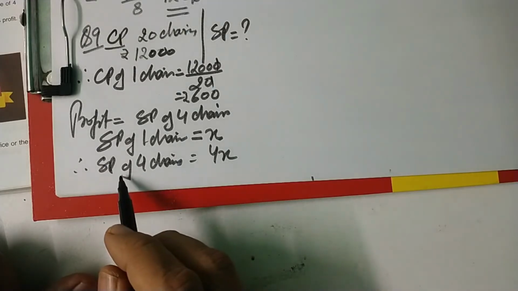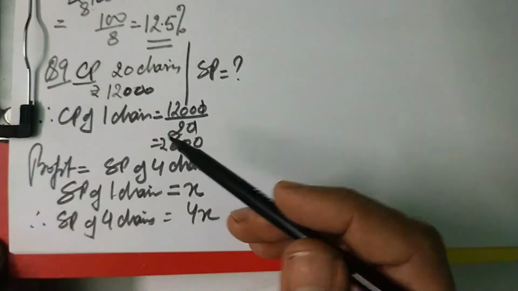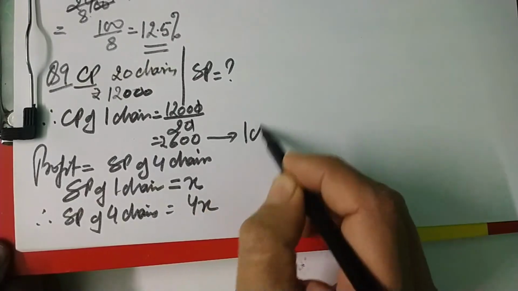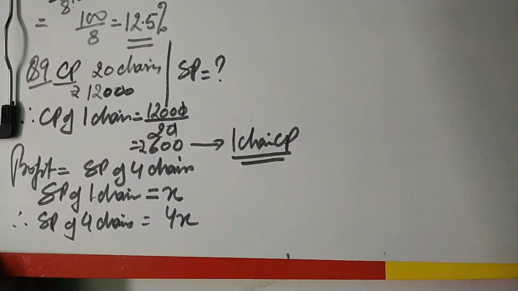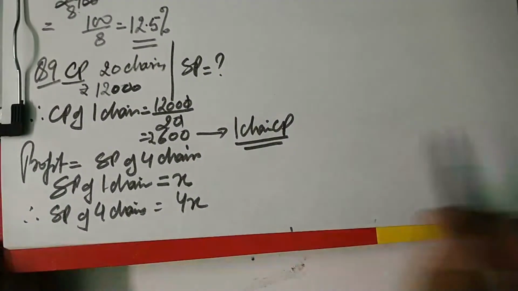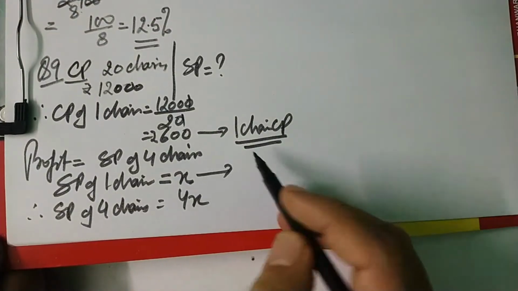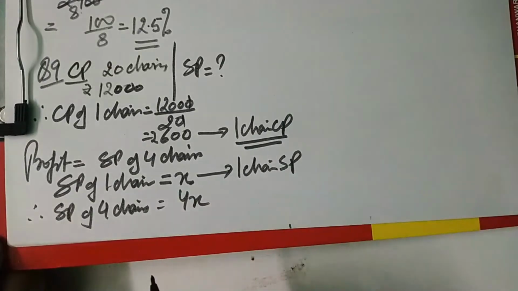Now this part is only to find the CP of one chair. One chair cost price is 600 rupees. Can we find the selling price of one chair? Yes, we have supposed the one chair selling price.